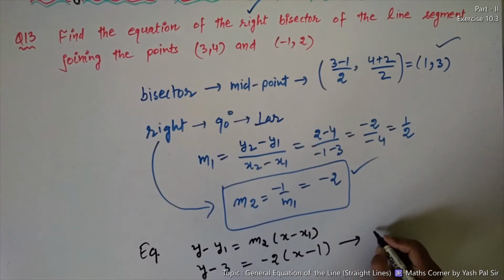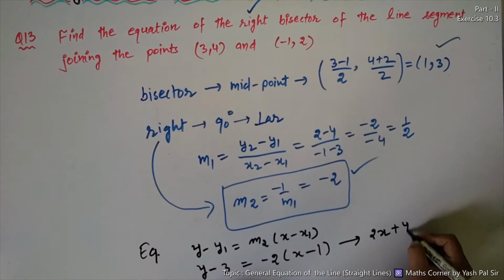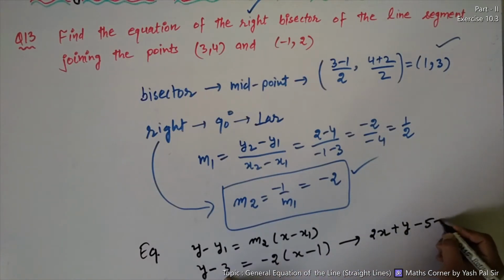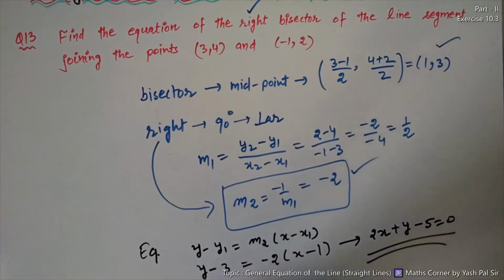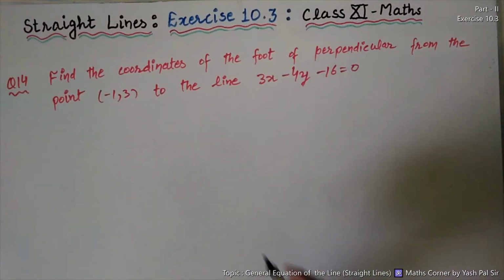So from here we say 2x plus y minus 5 is equal to 0 is the required line.